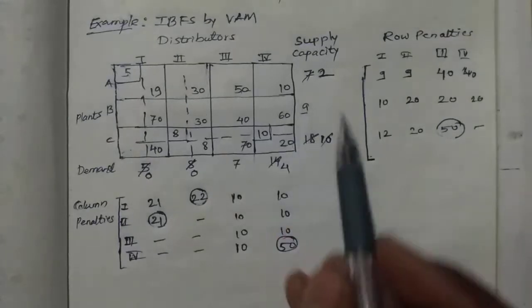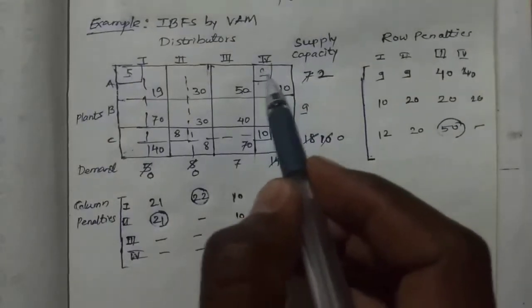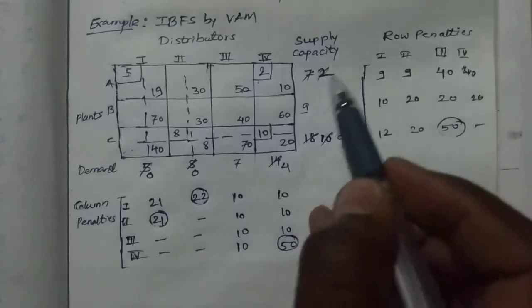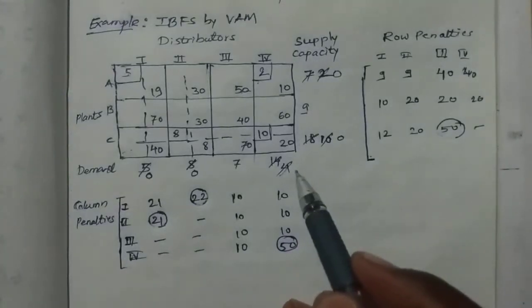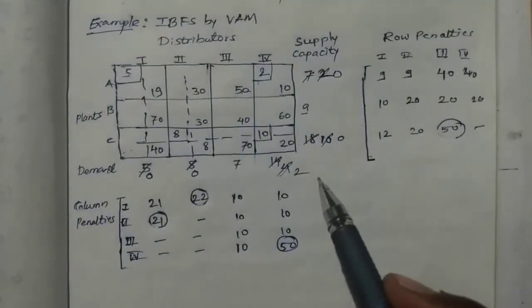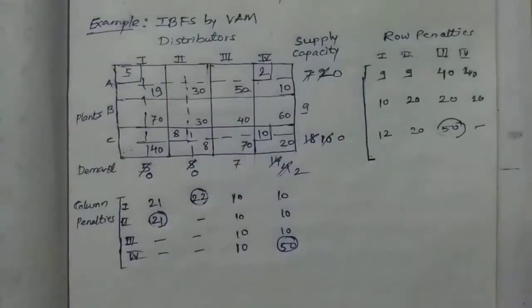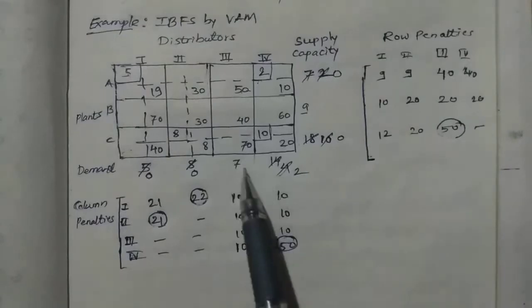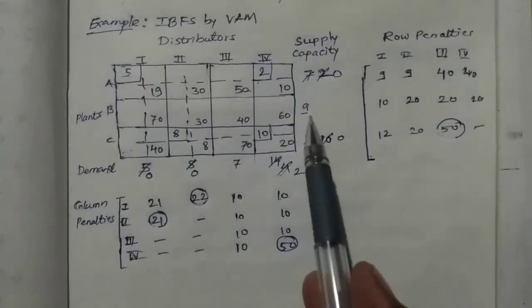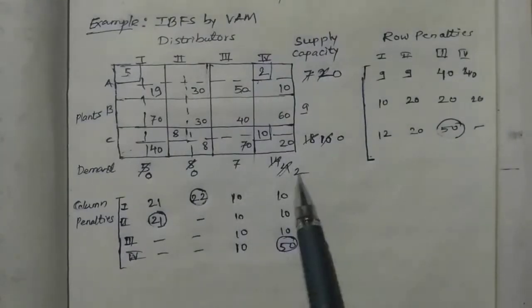So make the allocation here 2. So 2 minus 2 is 0, 4 minus 2 is 2, right? So eliminate this row now as there are two cells remaining and supply equal to the sum of demands.